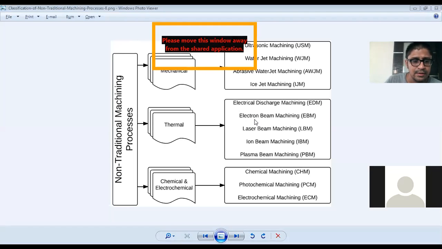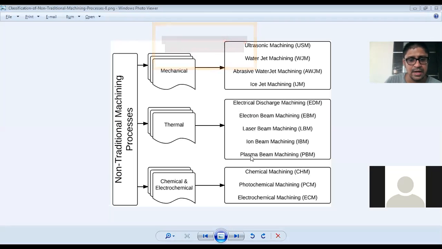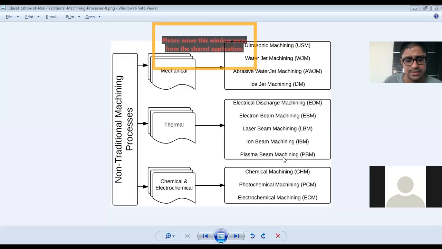You can reduce the dimensions and you can have the machined component. Same thing, having a laser, ion beam and plasma beam. So all these PPTs I have uploaded under unit number 4. If you go to your LMS, I have uploaded the respective PPTs on unit number 4.